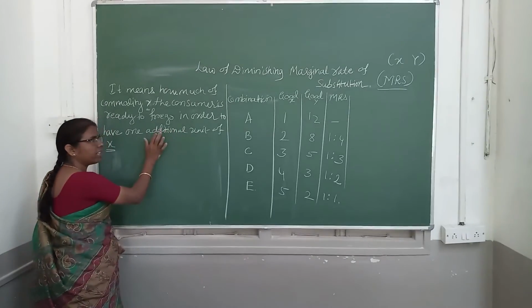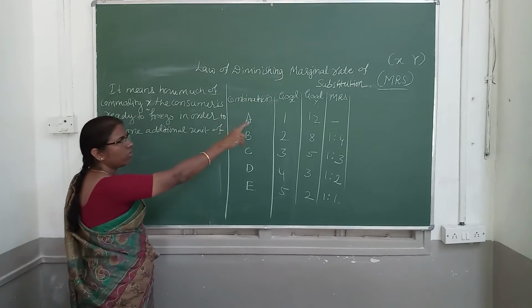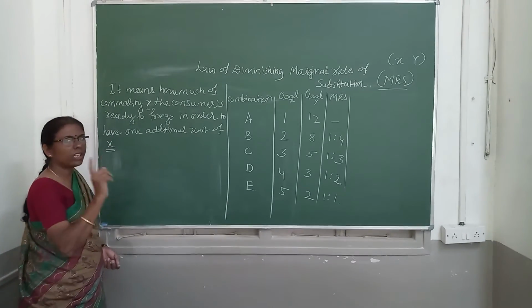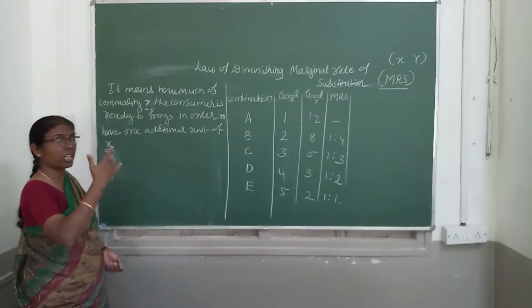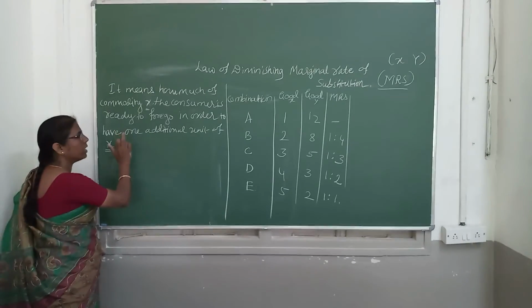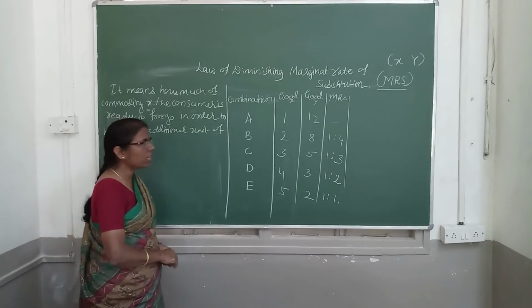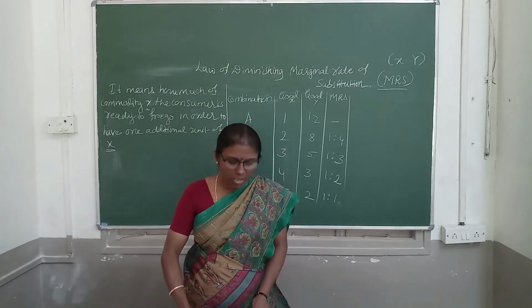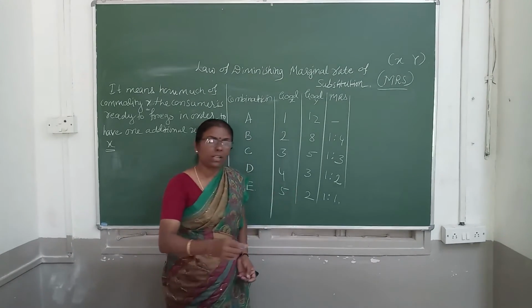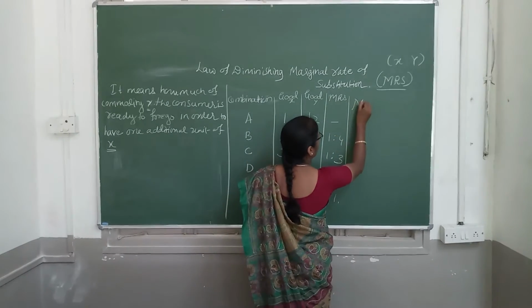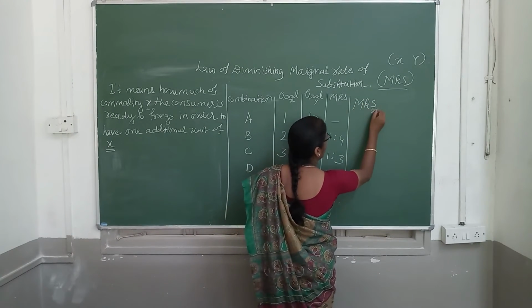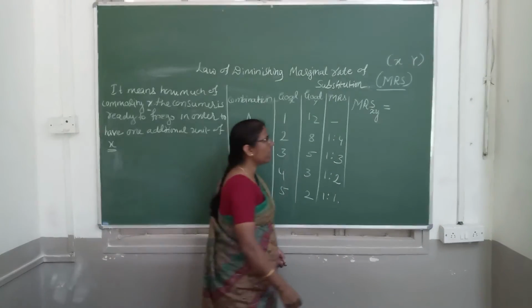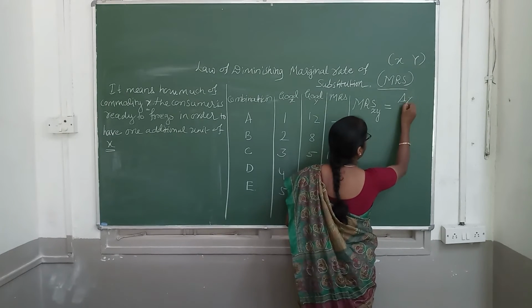Then you have to write the meaning. Is it clear? One more possibility is there. Write the formula of MRS. How is the MRS calculated? Marginal rate of substitution of X and Y is equal to delta Y divided by delta X.